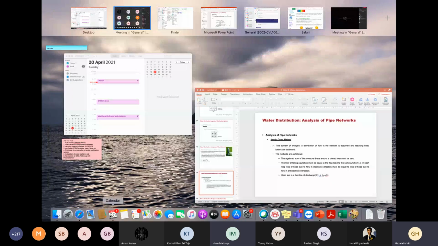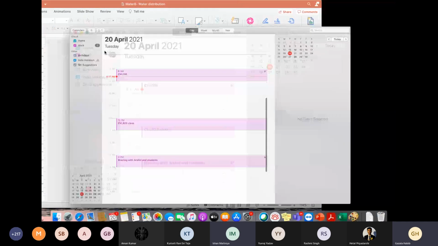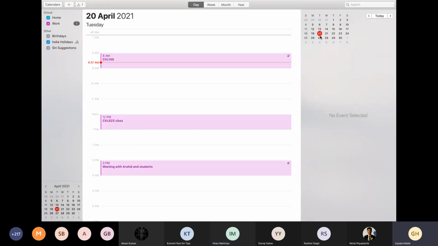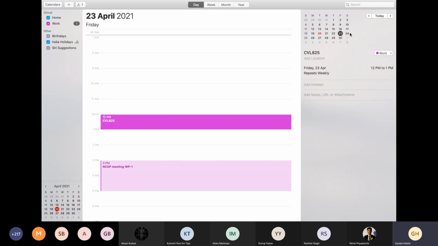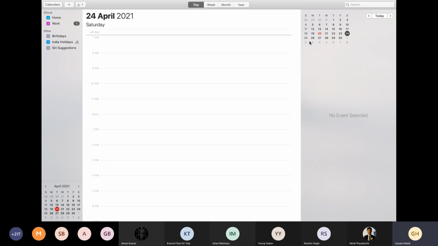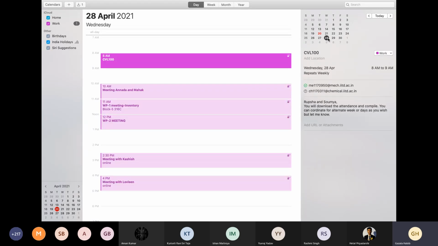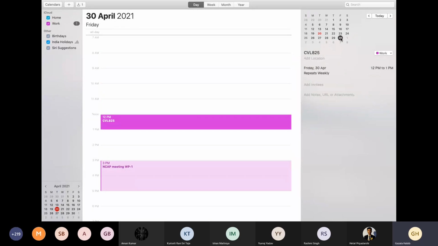And ma'am, what about assignment 2? When are you planning to release it? Okay, assignment 2 will be released, today is the 20th, right? I told my TA to release assignment 2. So Friday, Saturday we will have a class, and then Tuesday and Wednesday, 28. So by 28, I will try to finish the wastewater also. 28, maybe maximum. I will take one class on Friday, so 30th. When is your exam? Your exam is from 8th, right?